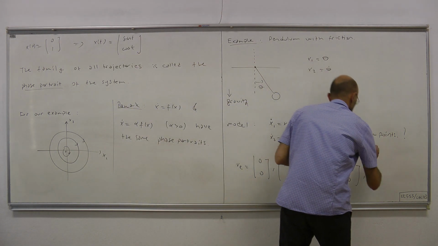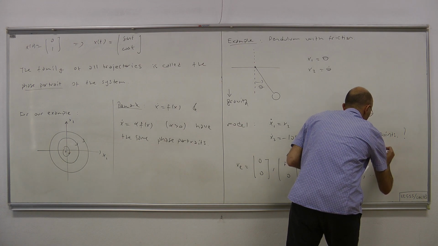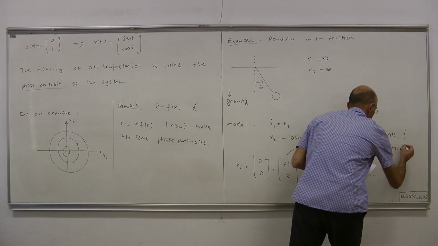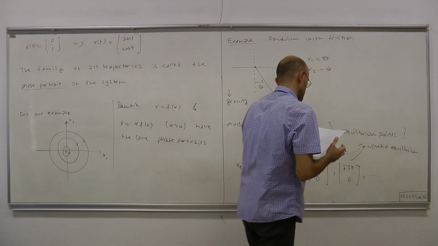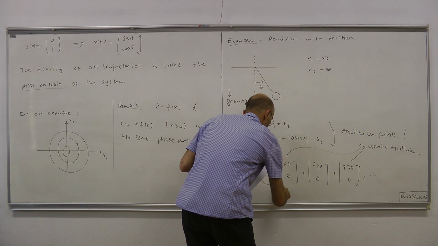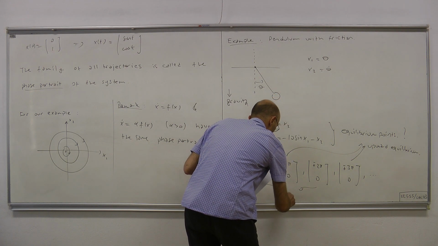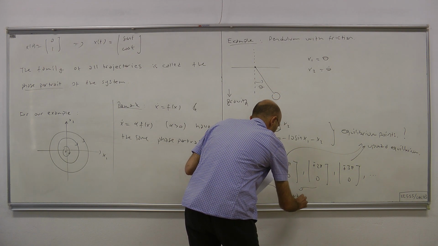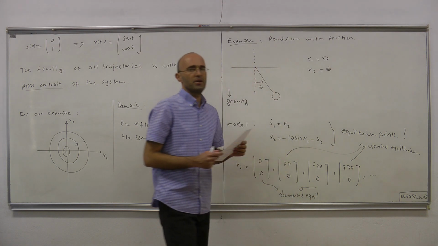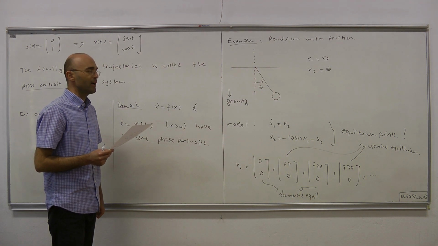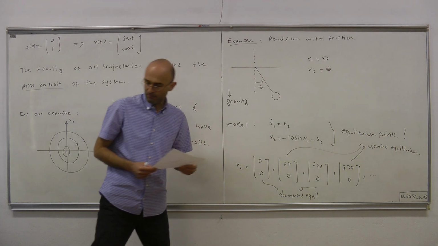So this is the upward equilibrium, and these are downward equilibrium points.